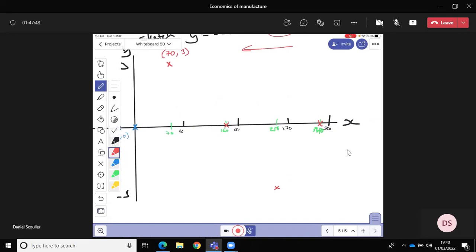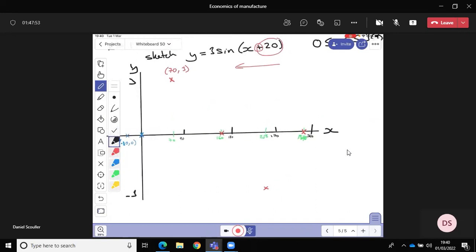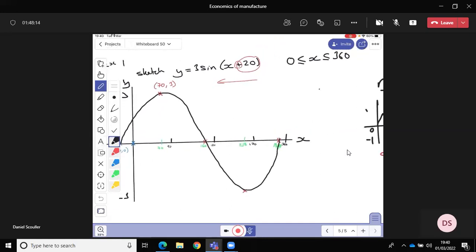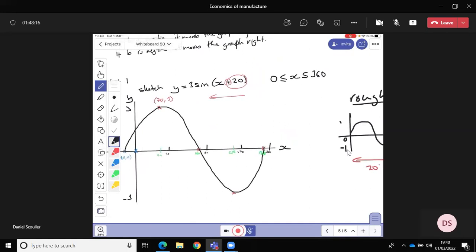Okay, just drawing that in then. Try and make it as curved as possible. I'll get something along those lines. Now, what you need to be careful of here is your limits.